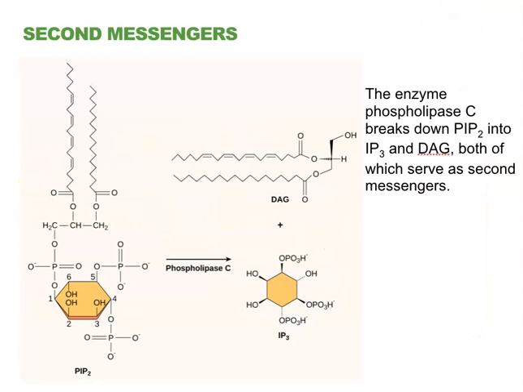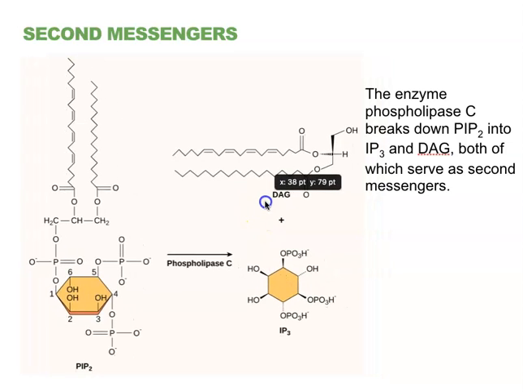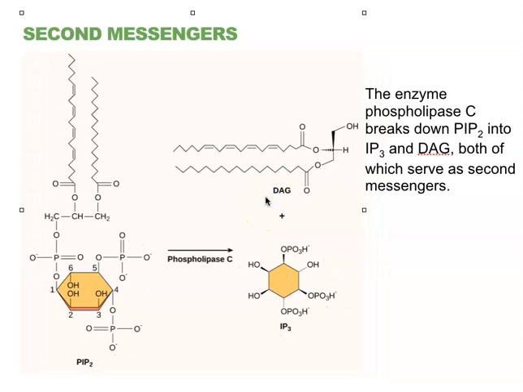Now, why would Mother Nature do this? Well, these series of second messenger systems will create a series of downstream signaling molecules. What's going to happen is, in this example, phospholipase C breaks down PIP2, phosphoinositol bisphosphate, into inositol triphosphate and diacylglycerol. Okay? All of this work, of course, is Nobel laureate level understanding of how things work, right?